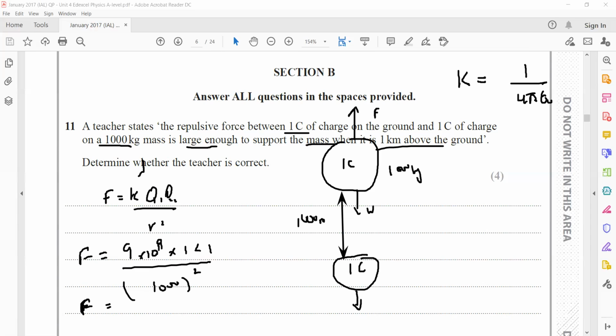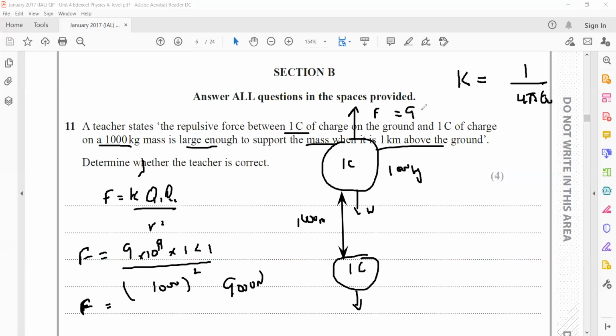So it is 9,000. And when you calculate the weight, so this is coming out 9,000 newtons, the electrostatic repulsion force.